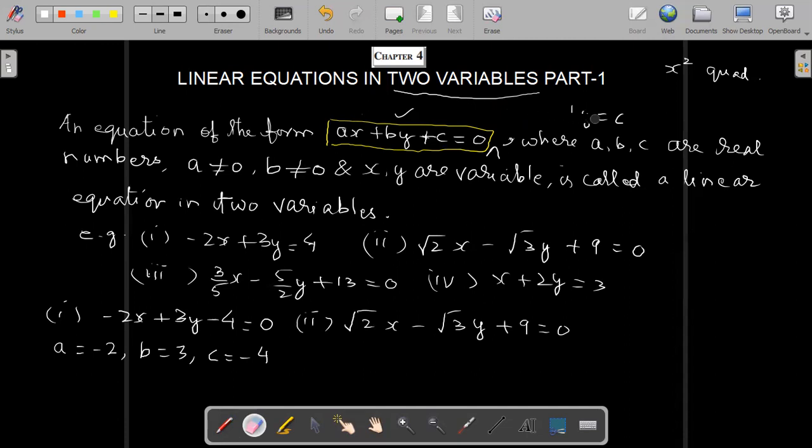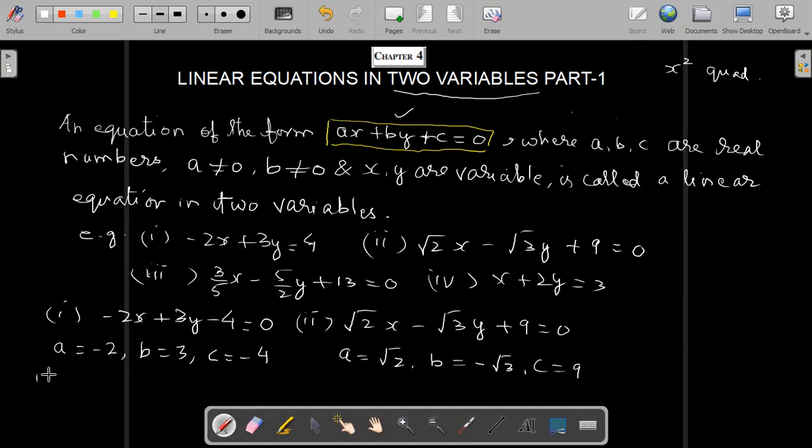For definition we can say it is an equation, but we follow taking the left hand side term as c. So here a is root 2 and b is minus root 3. Don't forget to take the minus sign with root 3, and the constant term is 9 in this equation.